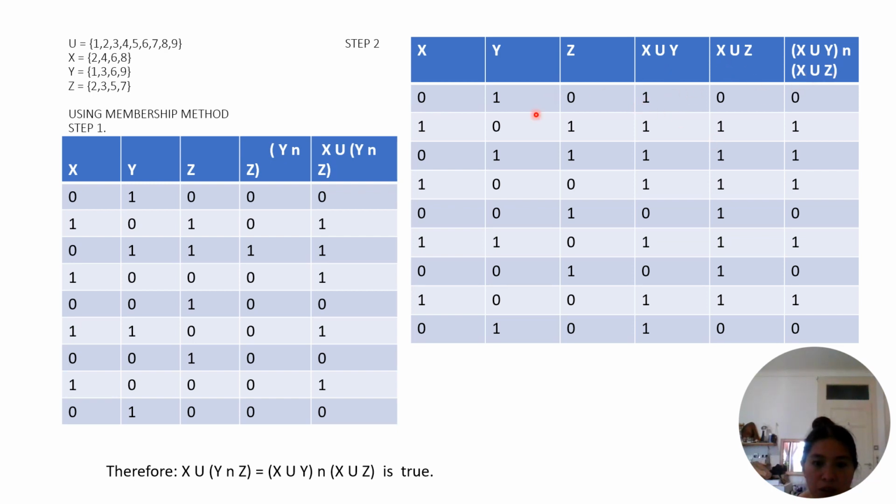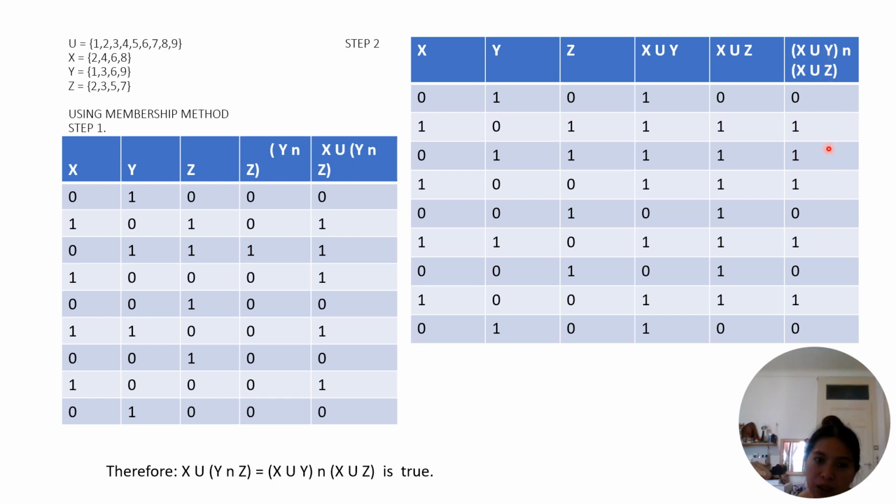So based on the values of x and y, we have this answer. And then based also on the values of x and z, we have this answer. And then to get this one, we have to check the common, or I mean the and statement.